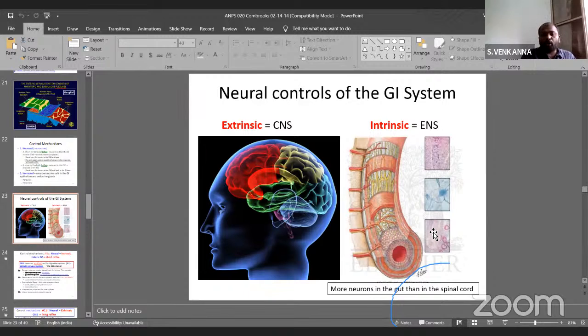The ENS has more neurons than the spinal cord. The neuron structure has dendrites, telodendria, nodes of Ranvier, axon and myelin sheath, and it attaches to the spinal cord, which looks like this structure.